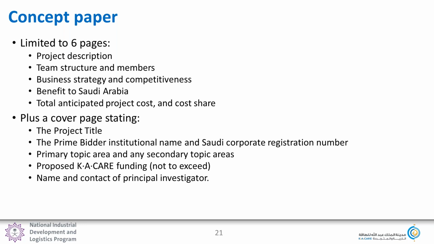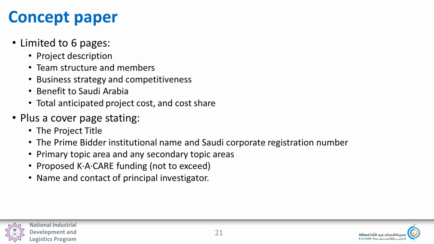So the concept paper, 6 pages, just tell us what the project is that you have in mind, who the team structure is going to be, what is the business strategy and competitiveness, and how does it benefit Saudi Arabia? And actually, that is all non-binding. The only binding part of the concept paper is the name of the bidder, and you have to tell us the anticipated project cost and cost share, and those are not-to-exceed numbers in your final proposal.